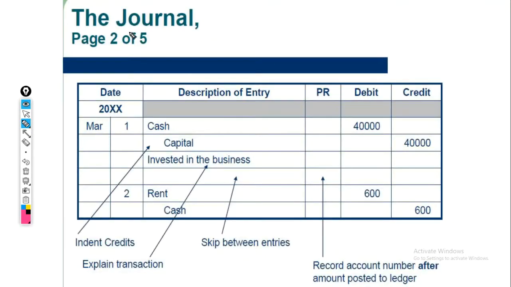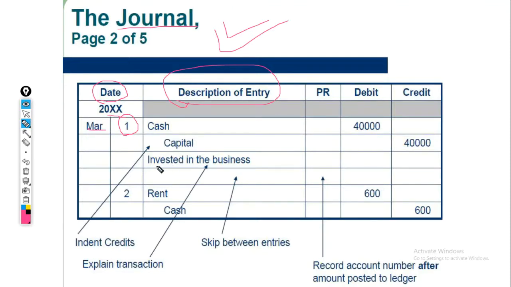So this right here is an example of a journal entry in a systematic format. You don't have to worry about the technical terms because we have done this in the last lecture, and we'll be practicing it much more than you think. Here comes the date, March 2020, a specific day. The description of the entry is the particulars column.